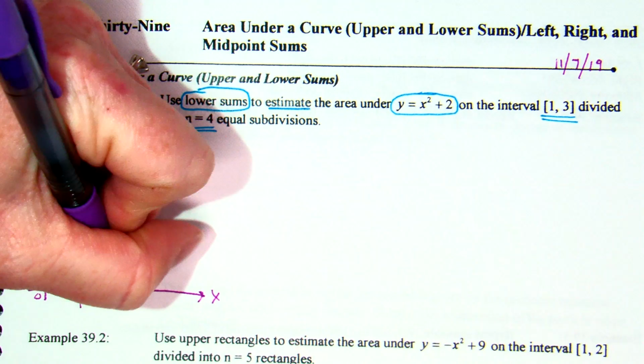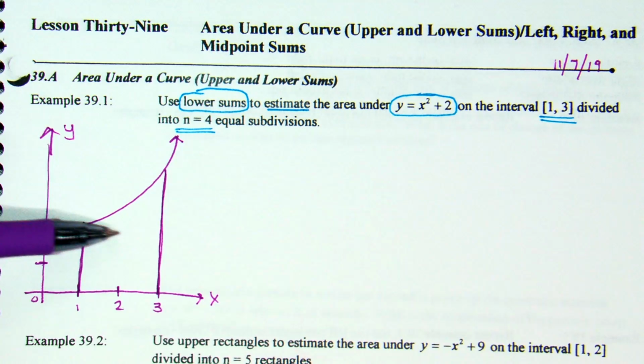So we have our curve, y equals x squared plus 2. The interval 1 to 3. You see those vertical lines I've drawn in? I'm trying to find this area right here.